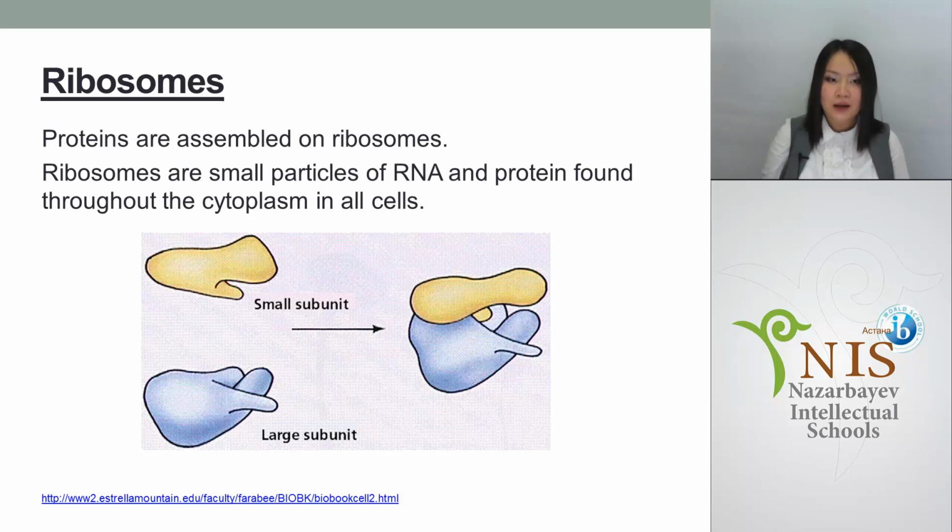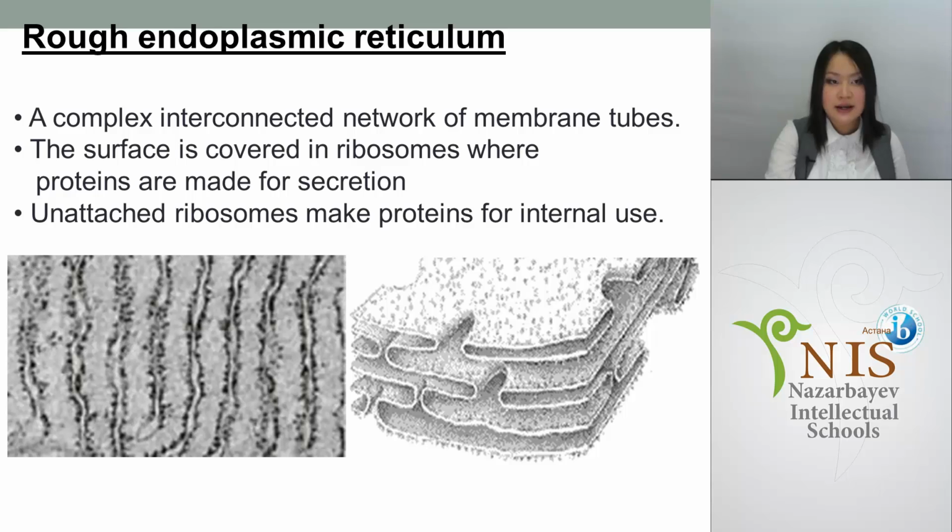Now, in the protein synthesis topic, you will look at the structure of the ribosome very deeply. In prokaryote cells, you could find ribosomes of 70S, 70 Svedberg, and in eukaryotes it is 80S size.